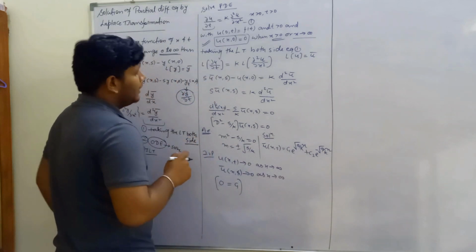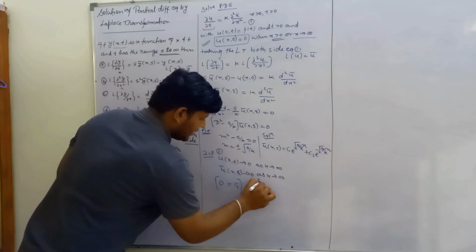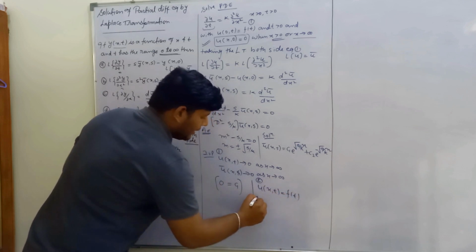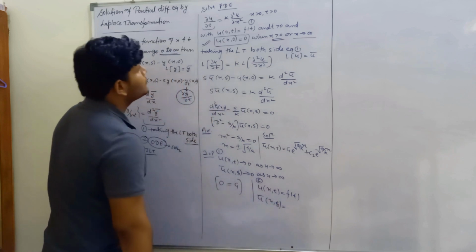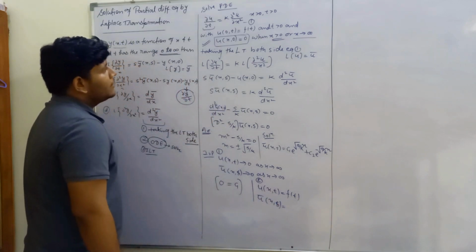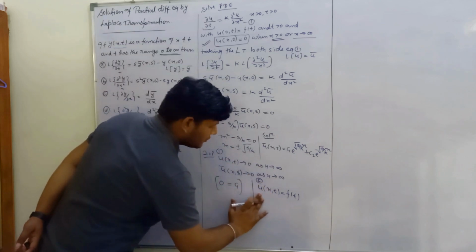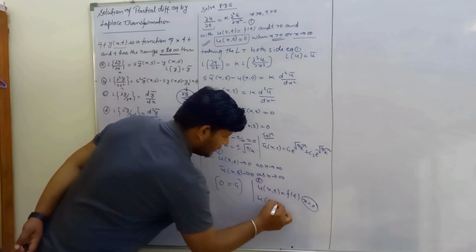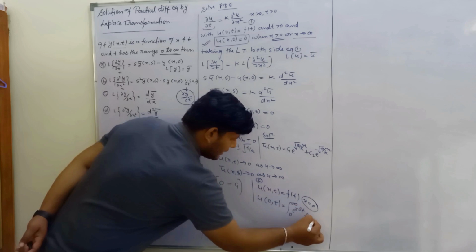Basically we have the first IVP, and the second IVP is u(0, t) equal to a function f(t). If I take the Laplace transform of this, then u(0, t) is the integral from 0 to infinity of e to the power minus st f(t) dt.